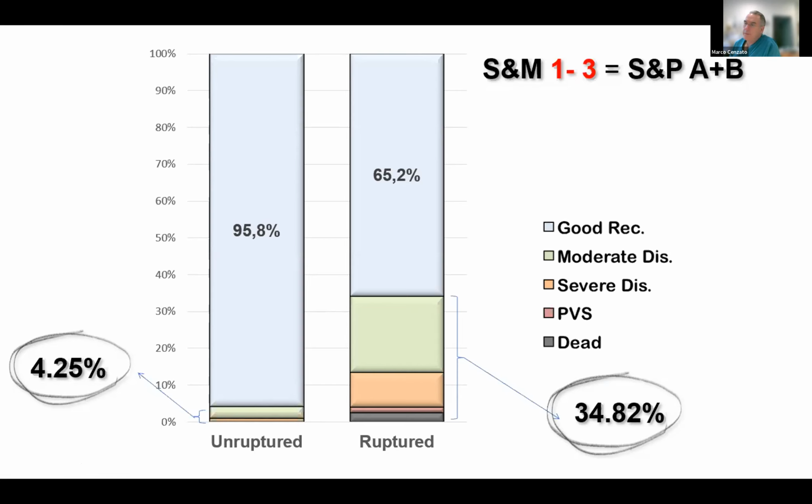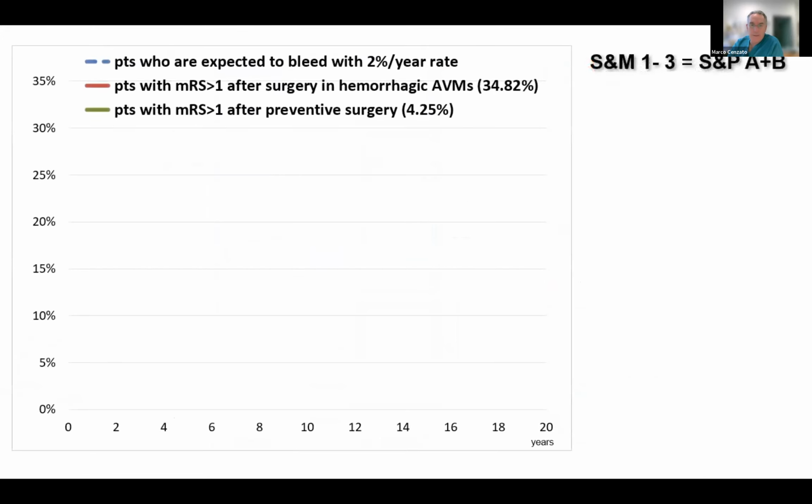So the importance of rupture in the outcome of the AVM is very high, much more important than the impact of surgery by itself. If you treat an AVM unruptured and well studied, well prepared, well evaluated, and of course, Spetzler-Martin grades A and B, not considering grade 4 and 5, the outcome is very good with a very low morbidity and mortality.